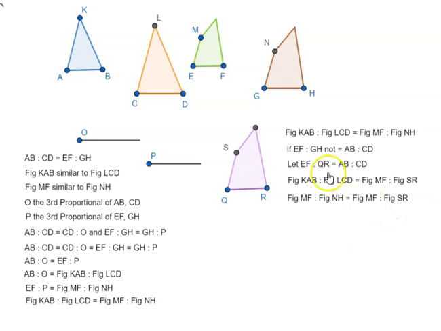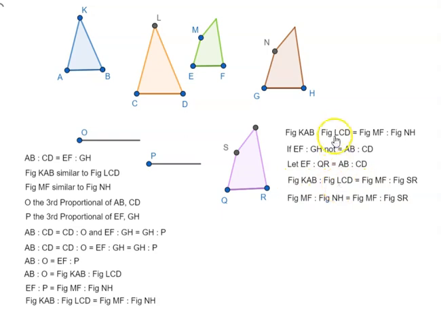How did this come? Remember, here we are starting off with the fact that figure KB is to LCD is equal to figure MF is to figure NH. But here we are assuming that EF is to GH is not AB is to CD, but EF is to QR is equal to AB is to CD. So here we have this statement and we have this statement.